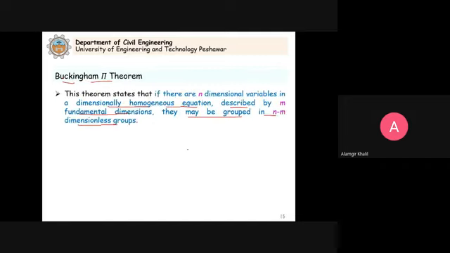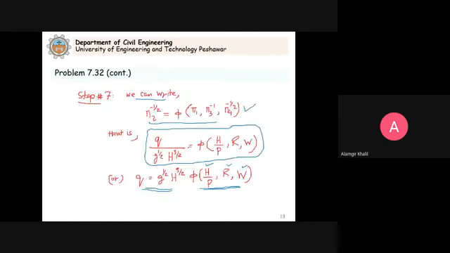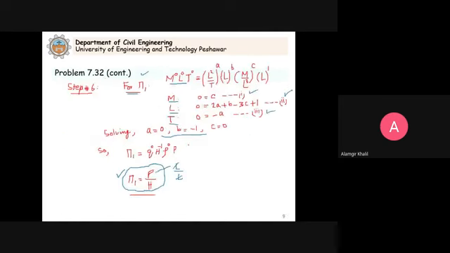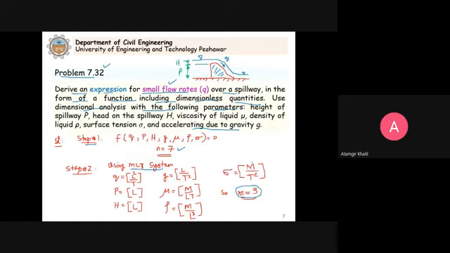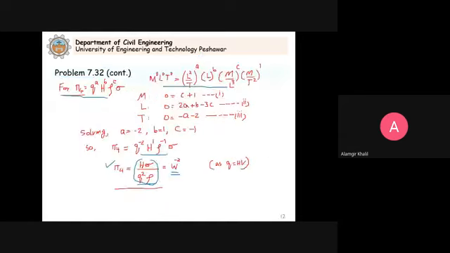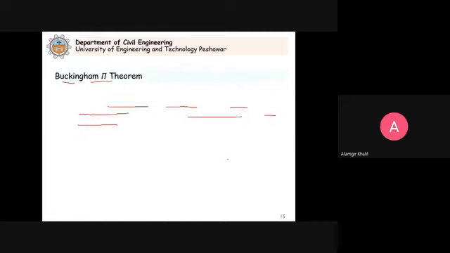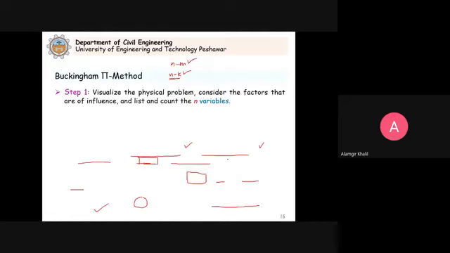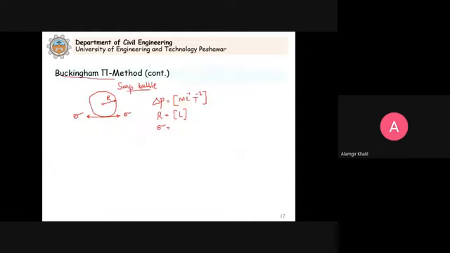In this problem we write down the dimensions of the surface tension as m by t square. So we can write m into t to the power minus 2, or m by t square.